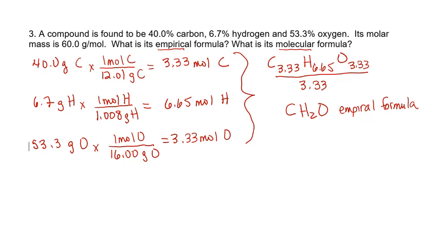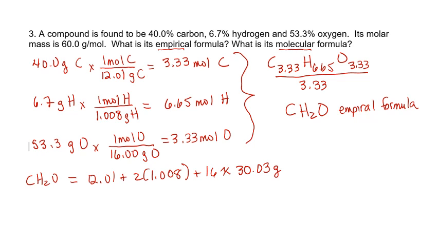Now, what is the molecular formula? So we're going to have to figure out the mass of CH2O. So CH2O is equal to 12.01 plus 2 times 1.008 plus 16, which is about 30.03 grams.